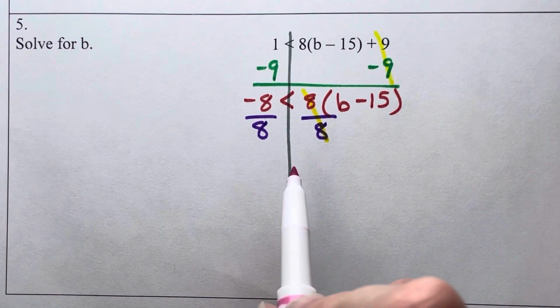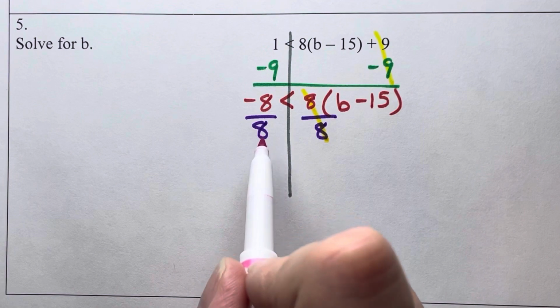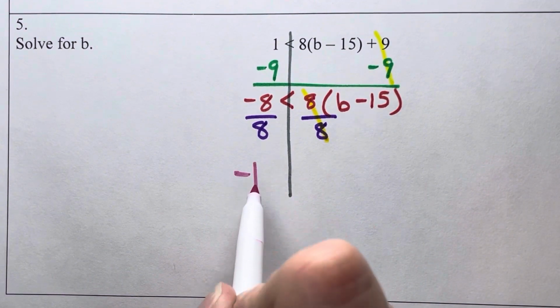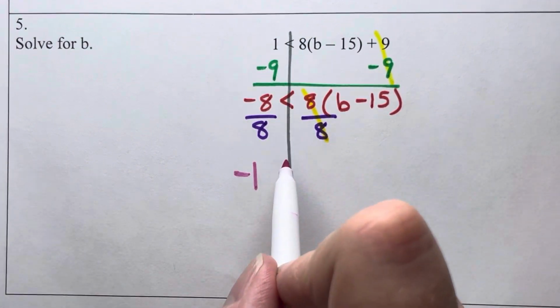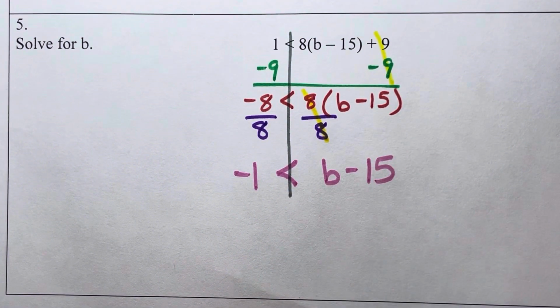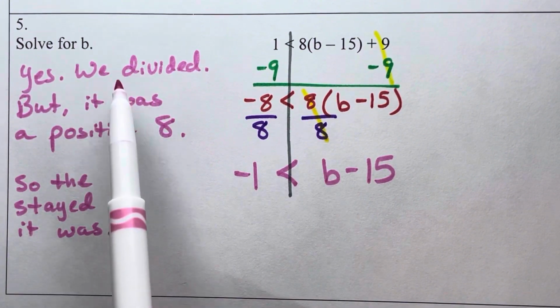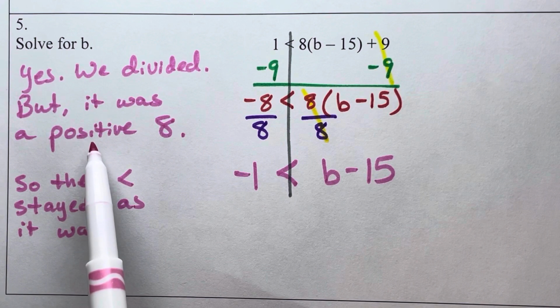As a result, we now have negative 8 divided by positive 8, which is negative 1, less than b minus 15. Let's talk about that. Yes, we divided by 8. We sure did. But it was a positive 8.